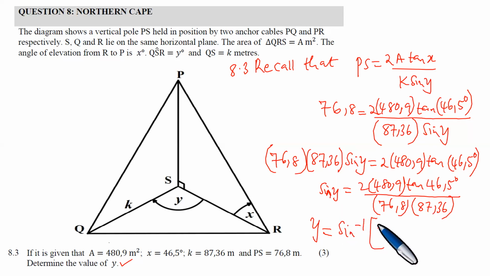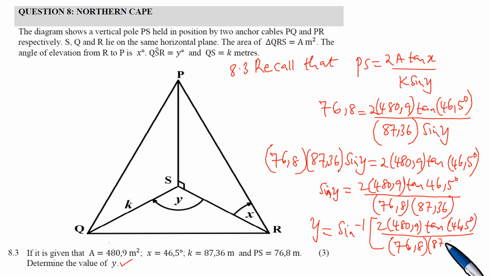And it becomes 2 into 480.9 times the tangent of 46.5 degrees. You have your parentheses here, and you divide these by 76.8, and this 76.8 is multiplied by 87.36, and you close your parentheses here, and now we have the result.